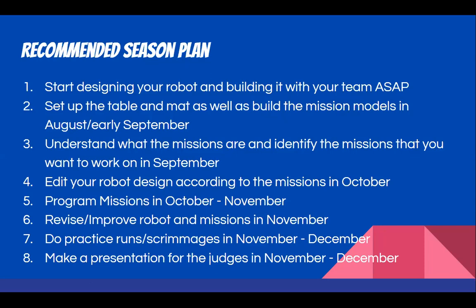Also, program your missions October through November and revise and improve your robot and missions in November. Do practice runs and scrimmages November through December, and make a presentation for the judges November through December. Generally, Maryland qualifiers are from December through February, and it depends on the state that you live in when your qualifiers are.